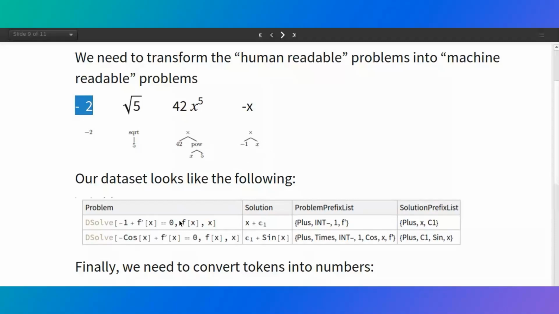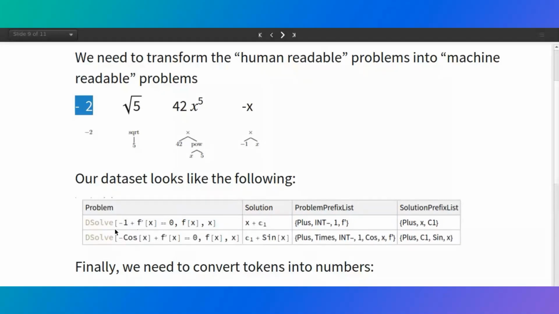Here are some examples of a problem, a solution, and the list of tokens that is generated using this leaf representation. So in this case, we have plus, and the argument of plus will be an integer and the f prime for this case of the problem.